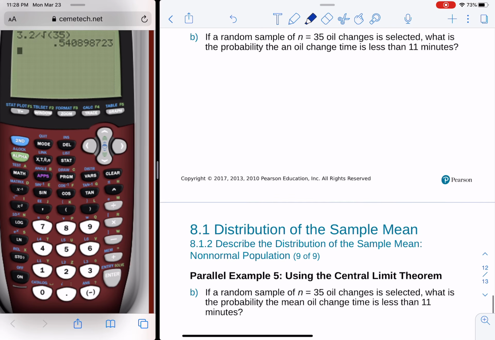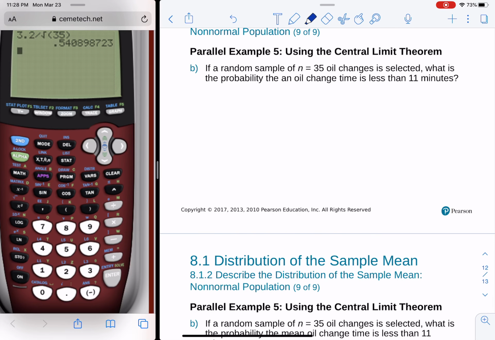So this is a tricky problem because the distribution of oil changes is not specified in the problem.